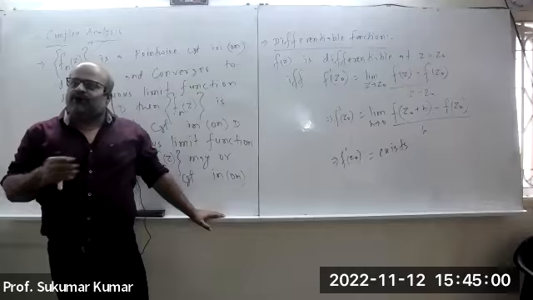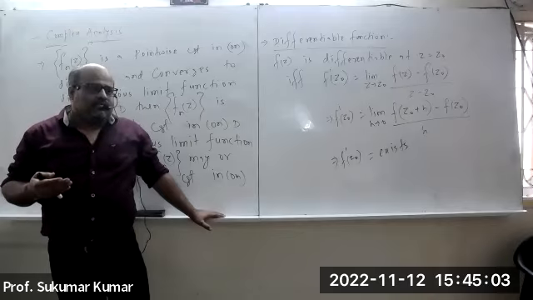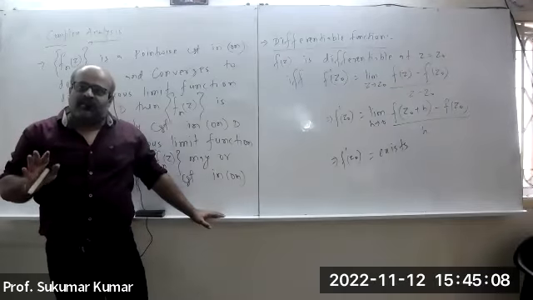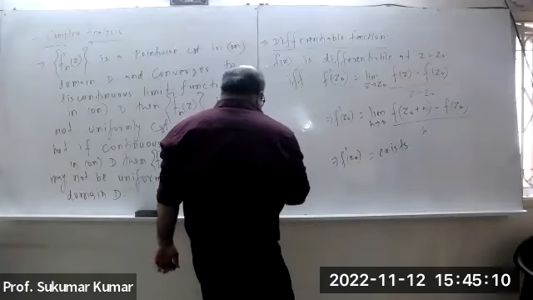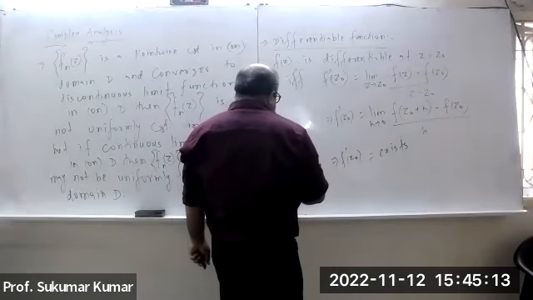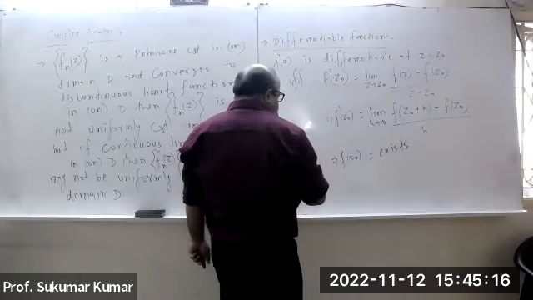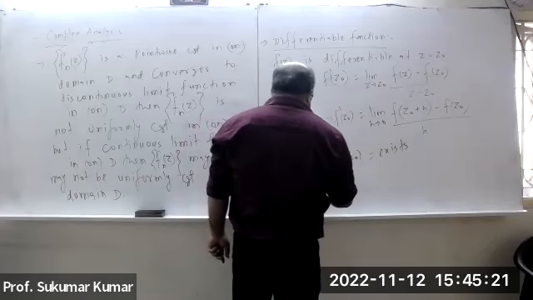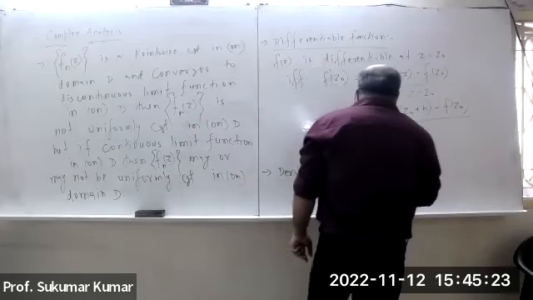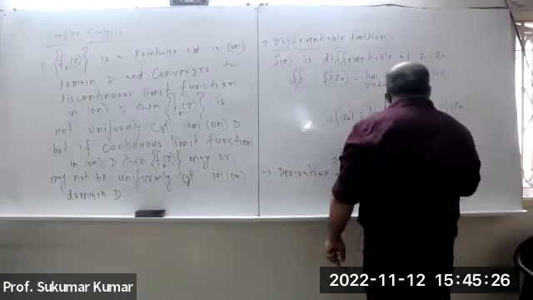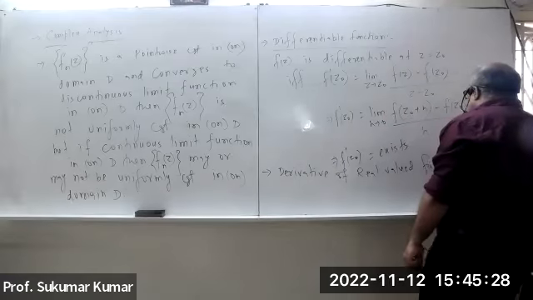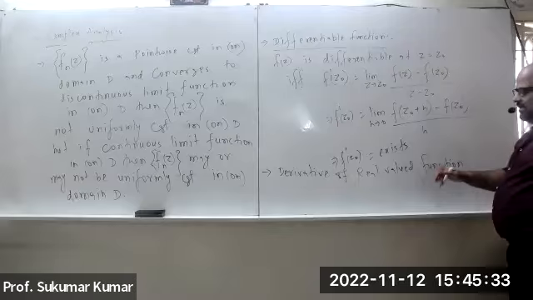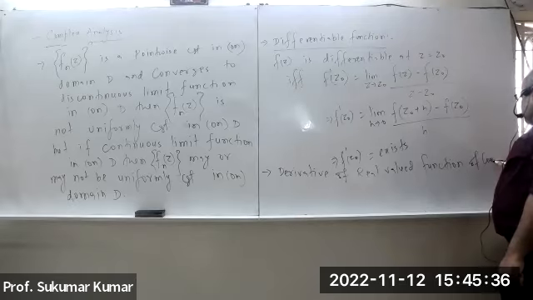For a real valued function of complex domain, the derivative, that is f of z with z belonging to C and range real, either this limit will be 0 or non-zero. Non-zero means not differentiable.